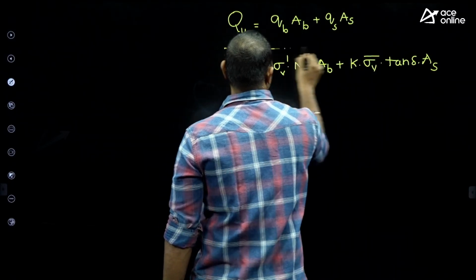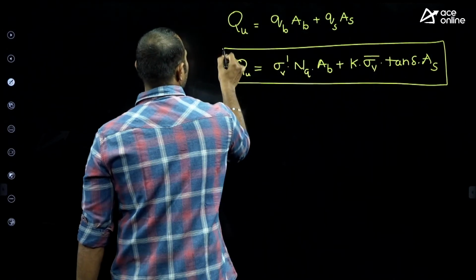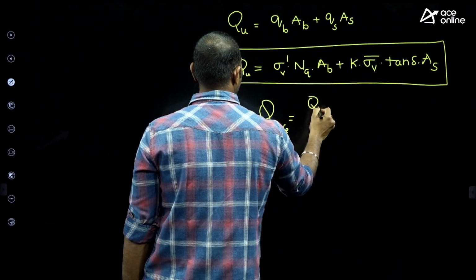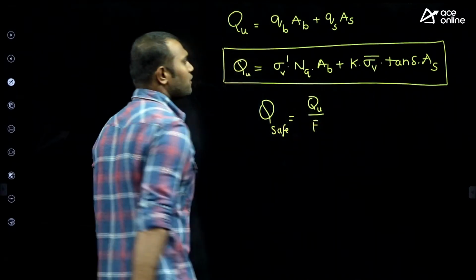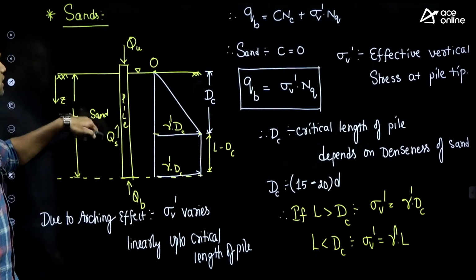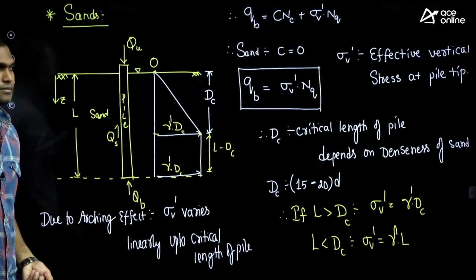This is the ultimate load carrying capacity in the case of sands. And if I ask you the safe load carrying capacity, Q safe is nothing but Q ultimate divided by the factor of safety.